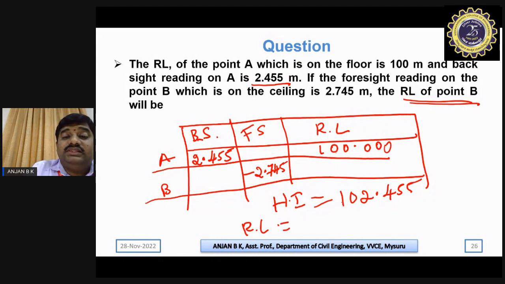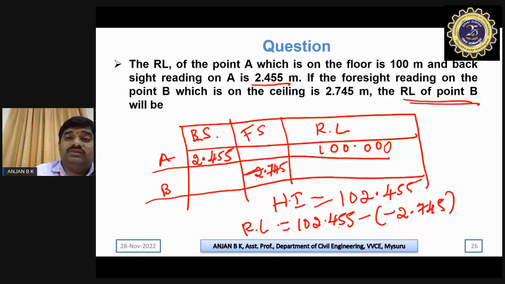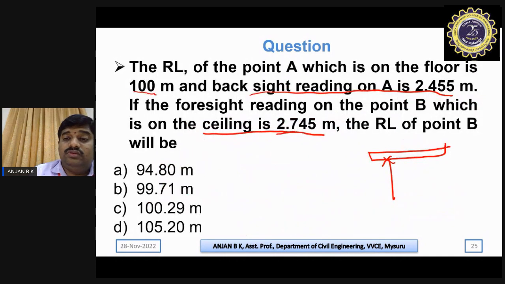So HI is 102.455 and minus of minus, because of this reading, that will become plus 2.745. So you need to add 102.455 plus 2.745, and that will give you the RL. So the RL will be equal to 105.2.